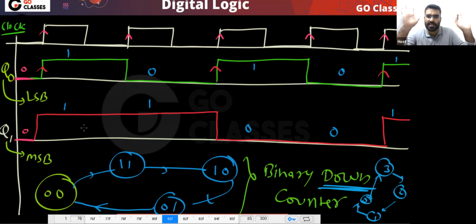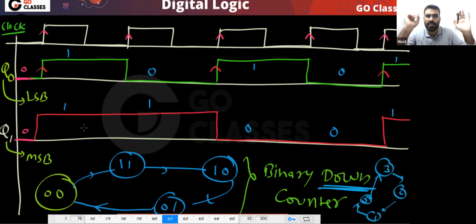So take care about this. Don't worry, I will explain a very nice idea, after which you don't need to create this timing diagram. You will never have to create this timing diagram, but it is for understanding purposes.